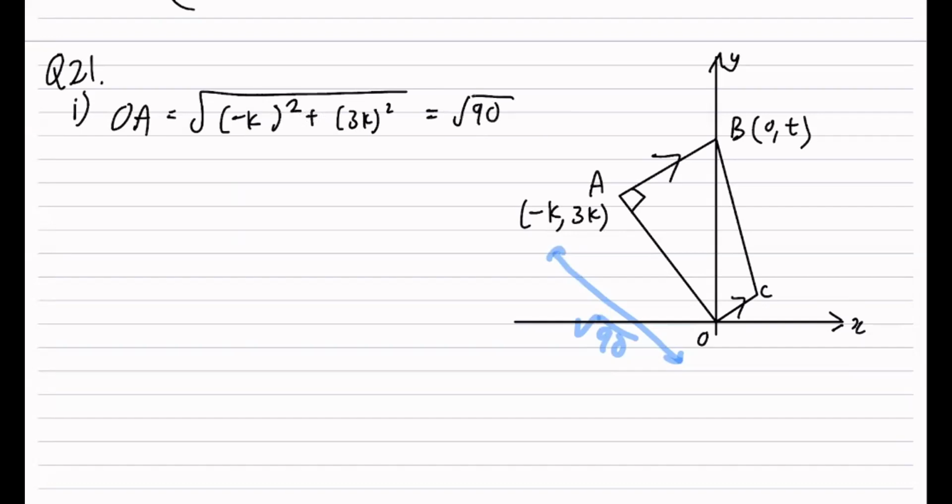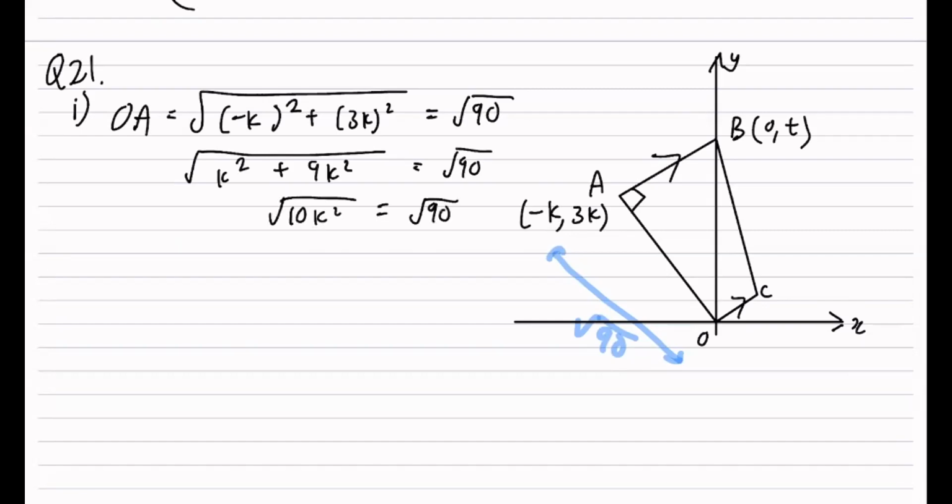Then I simplify. Square root of k square plus 9k square equals square root 90. So square root of 10k square equals square root of 90. Square both sides, you get 10k square equals 90. Divide by 10, you get k square equals 9. k equals plus minus 3. Which one do I reject?